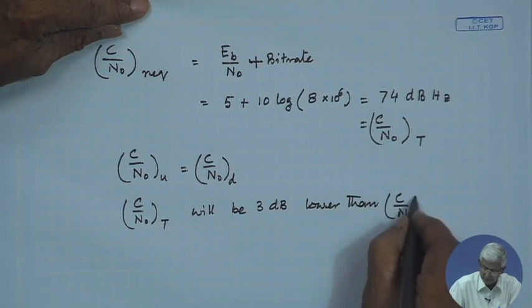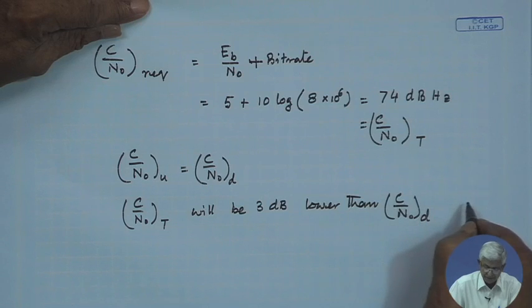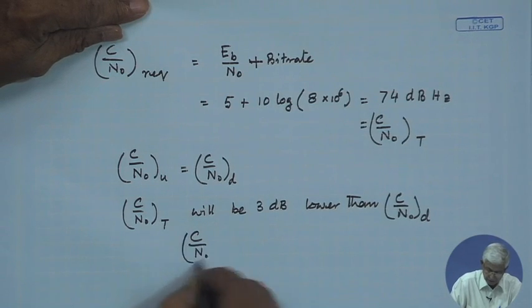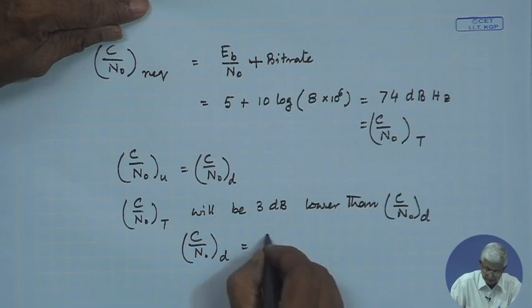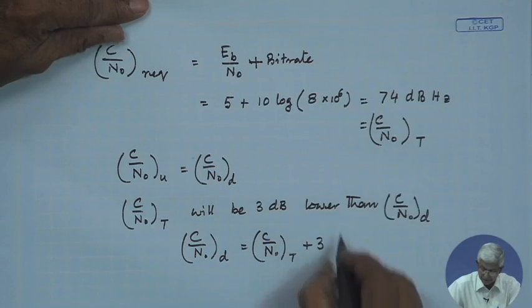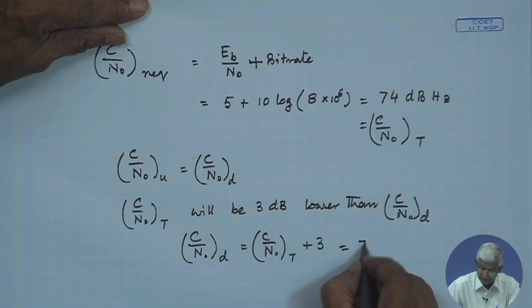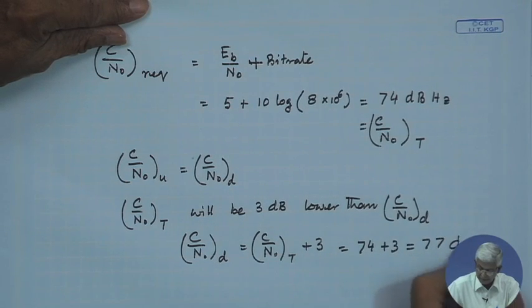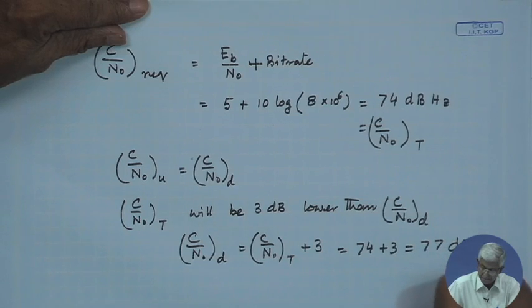Or I can say C by N naught down is C by N naught total plus 3 dB, and C by N naught total we got. So therefore C by N naught down is 74 plus 3 is 77 dB hertz.